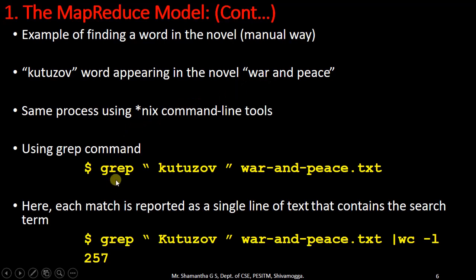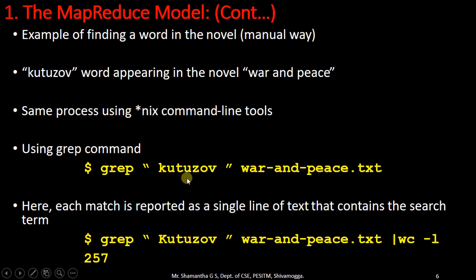We are already aware of grep. Grep stands for General Regular Expression Print. We are going to find the matches of Kutuzov in the novel War and Peace, and print them as the output. Each match is reported as a single line of text that contains the search term.